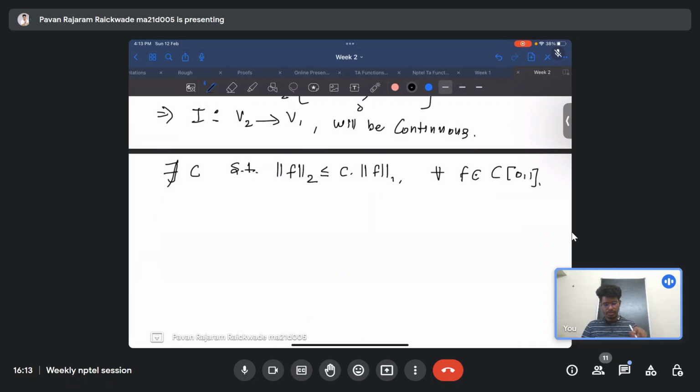That V1 to V2, the identity map will not be continuous. Suppose there exists a C with this property. Now we construct some family of functions which will give us the contradiction. So try to think in this way.